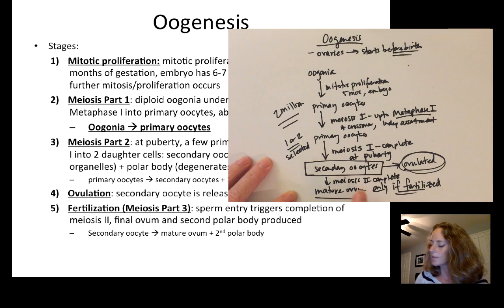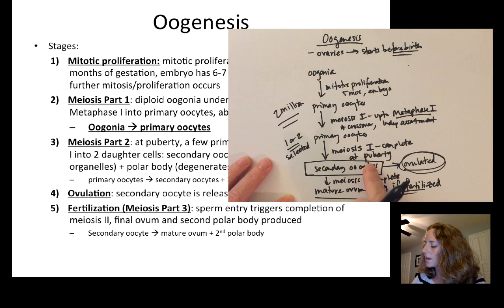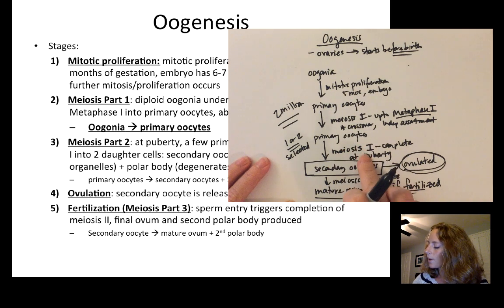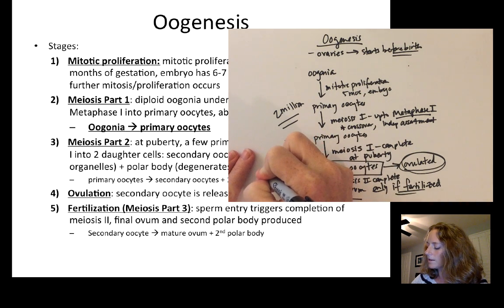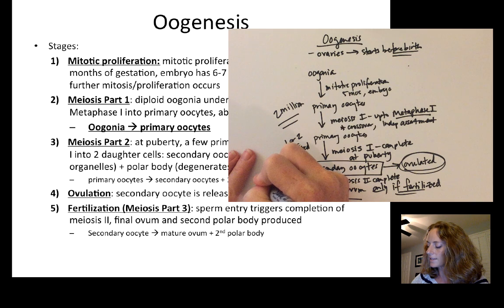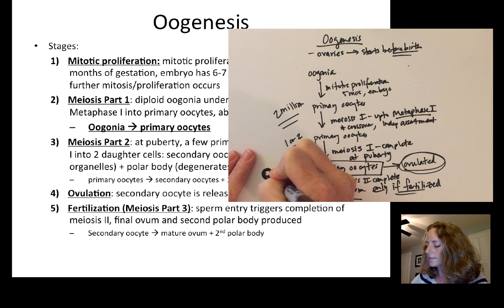So some oocytes will never get to complete meiosis II. Actually, most oocytes will never get to complete meiosis II. Most of them are going to be these secondary oocytes, which have only completed meiosis I. One last detail here is that when meiosis I is completed, you're going to end up having one cell that hogs all of the cytoplasm and gets to be the secondary oocyte.